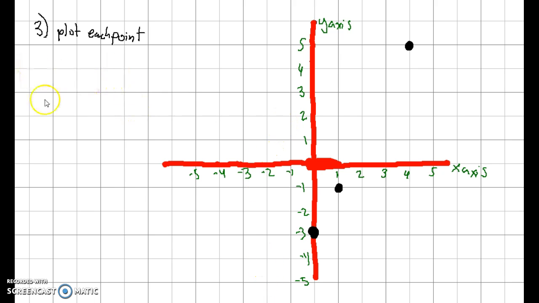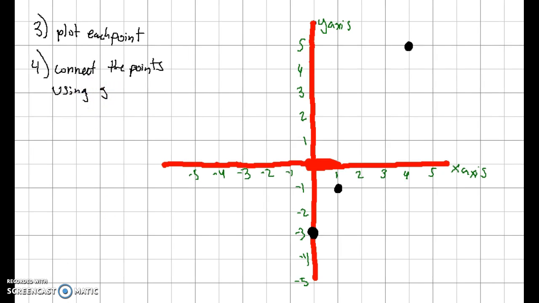So after you plot each point, step number 4, you are going to connect the points using a ruler. And a little side note on here.